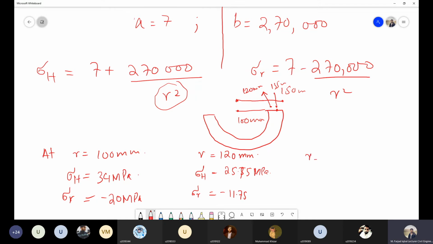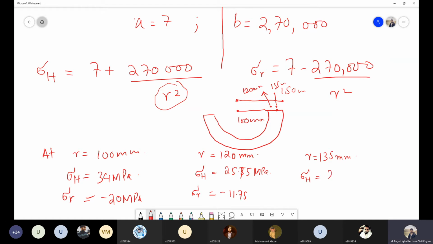And at a radius of 135 mm, what is hoop stress? 21.81.